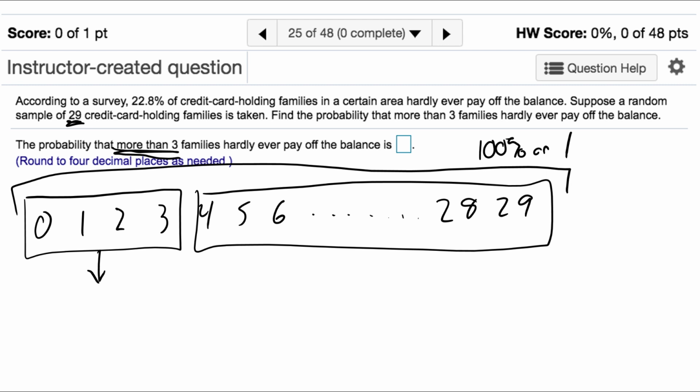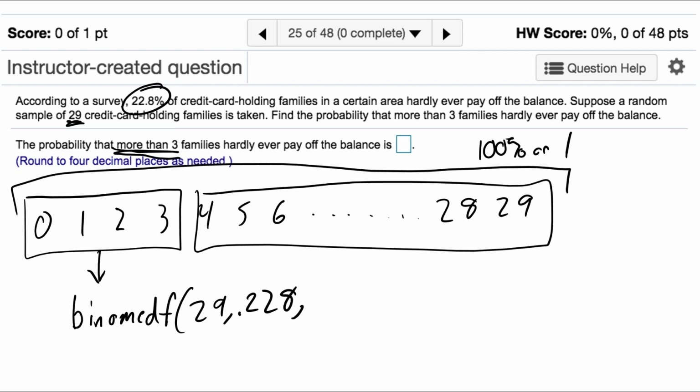So our calculator can find that by finding the binom CDF. CDF is the cumulative density function. That's the one that finds between 0 and some number. There are 29 trials here. Probability of success, 22.8% is the number given in the problem, so 0.228.